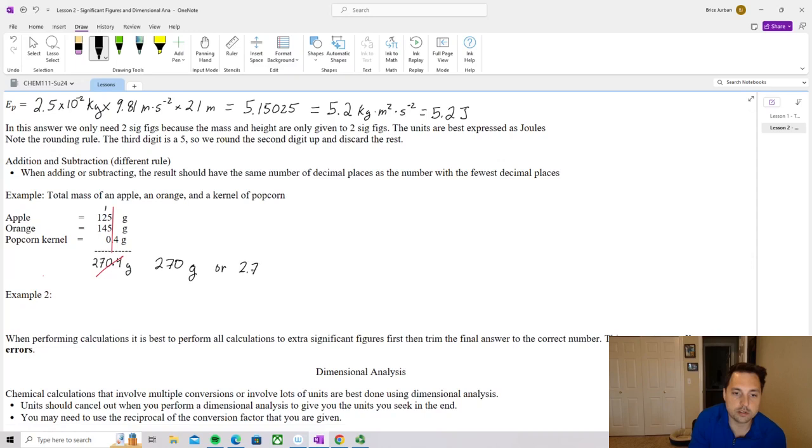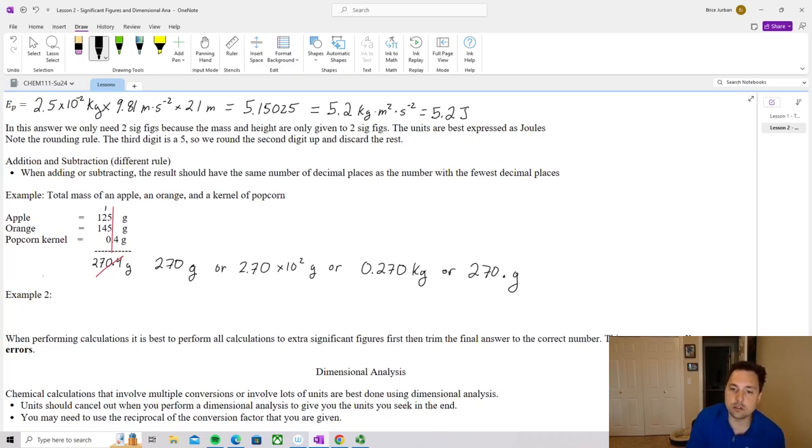So 2.70 times 10 to the second, because we're multiplying by 10 twice, grams. We could also write it in terms of kilograms, 0.270 kilograms. We could also write it like this too, 270 grams with a decimal point.